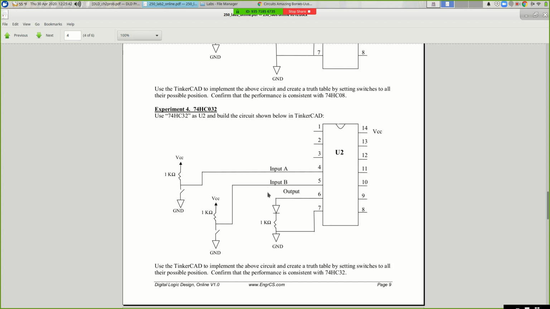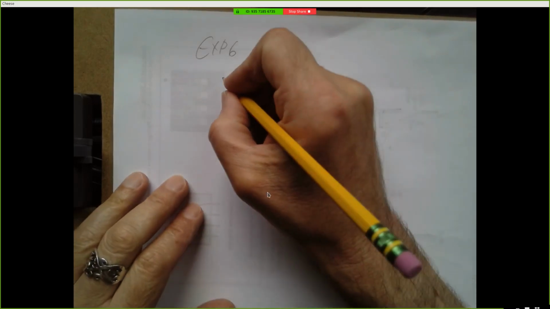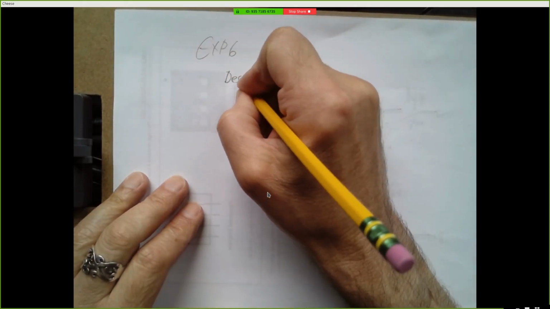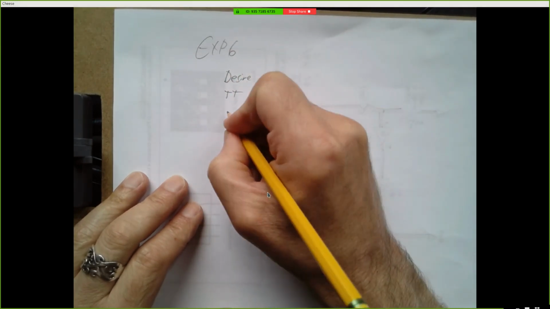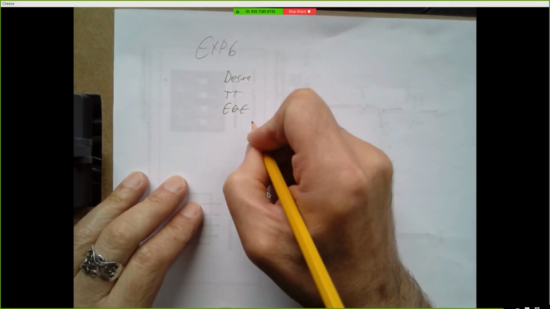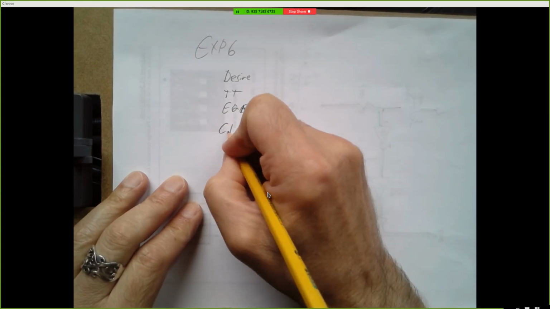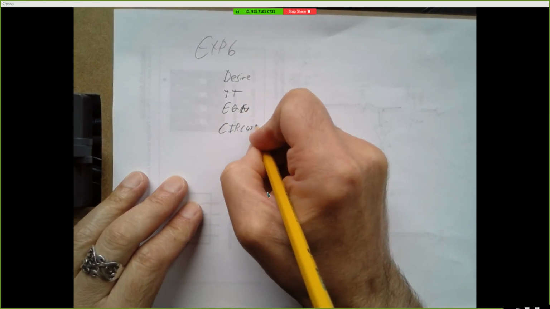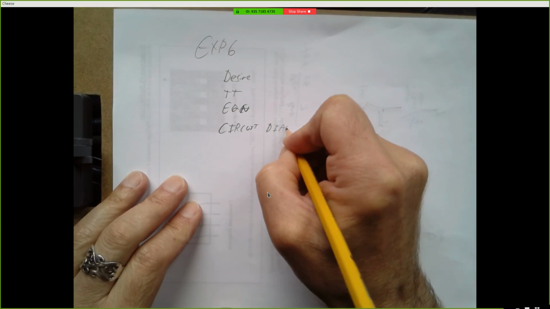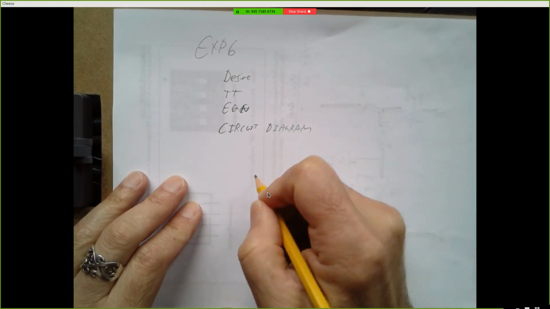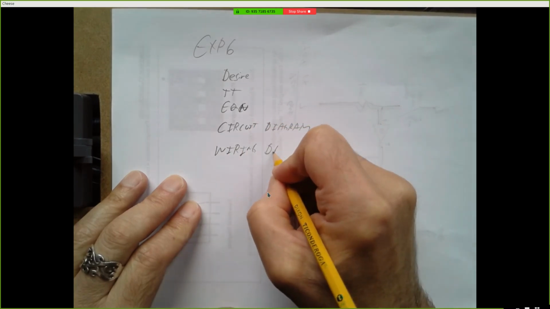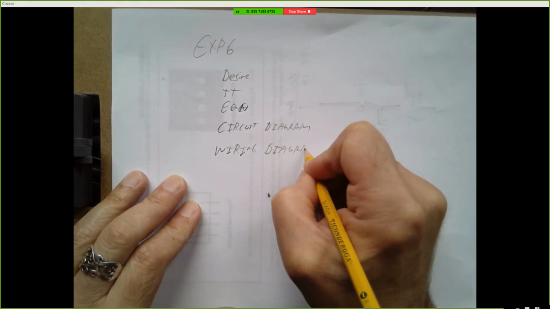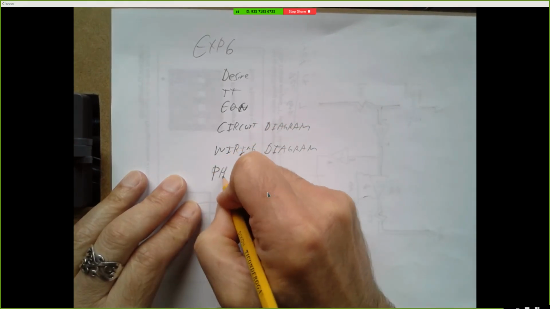So our goal is to go from some desire, some behavior we want, to a truth table, to a set of equations, to a circuit diagram, and then to a wiring diagram, and then to a physical circuit.